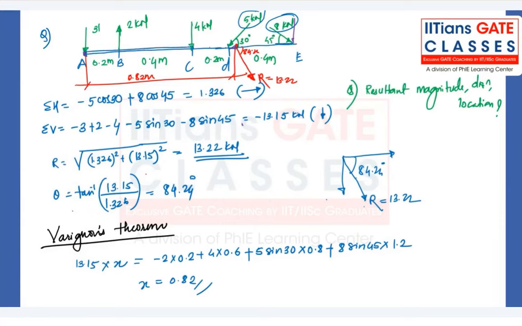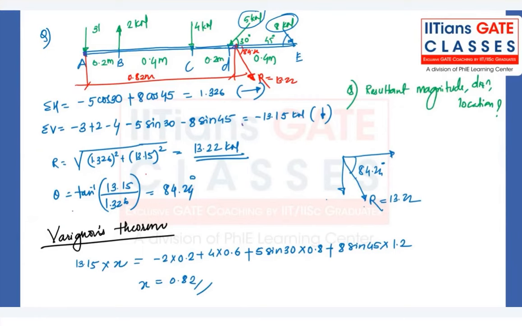Both 5 kilonewton and 8 kilonewton have a downward vertical component, and that is the reason it is creating a clockwise moment. Is that clear to everyone?